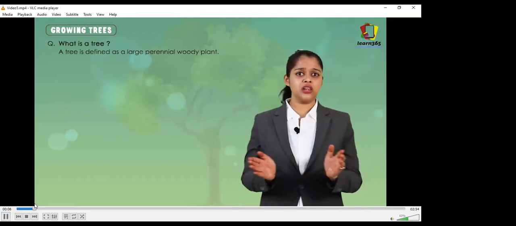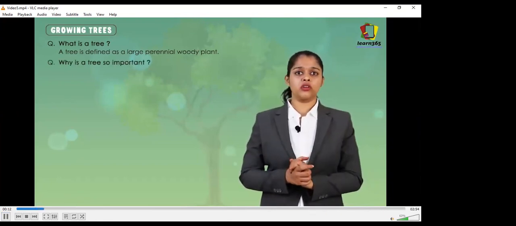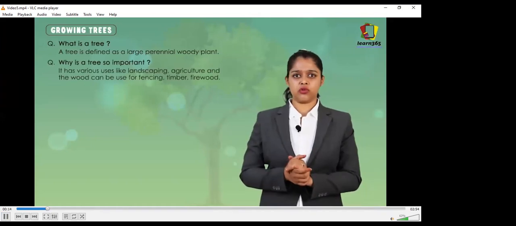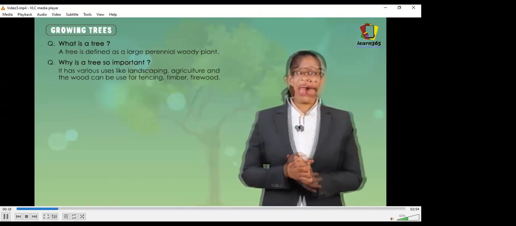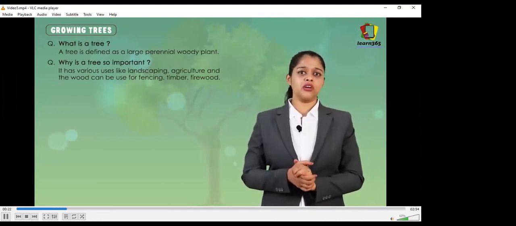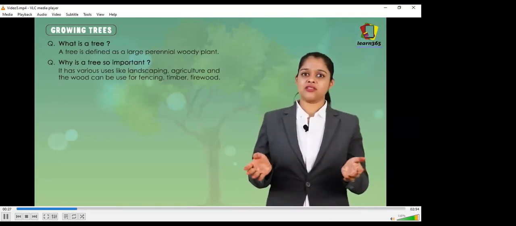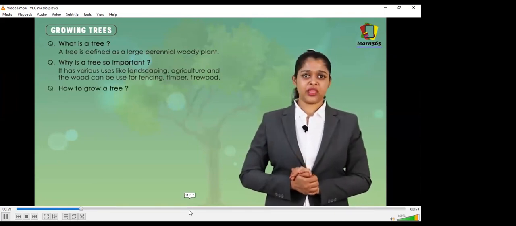Large perennial woody plant. Why is a tree so important? It has various uses like landscaping, agriculture, and the wood can be used for fencing, for timber, firewood, etc. Let us now understand how to grow a tree.